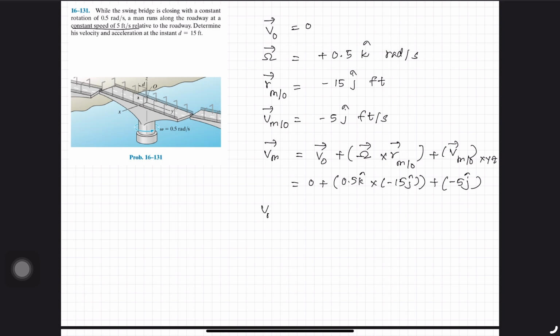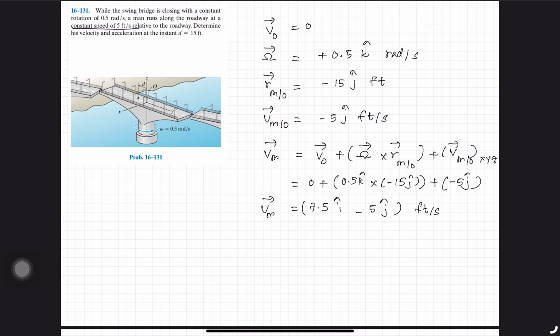So the vector value of the velocity of this man is 7.5 i cap minus 5 j cap in feet per second unit. This is the velocity, sorry.